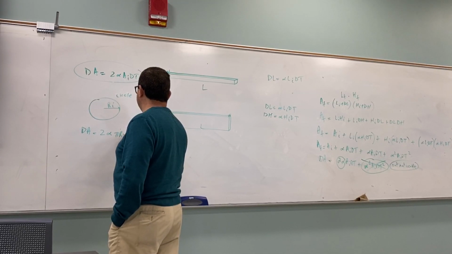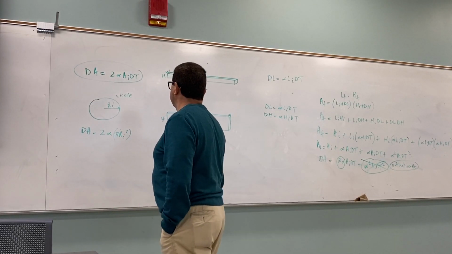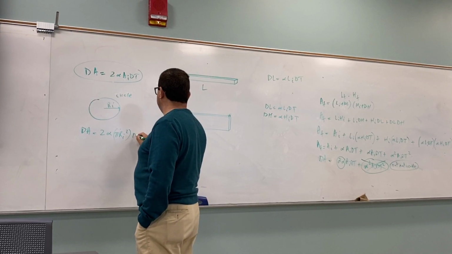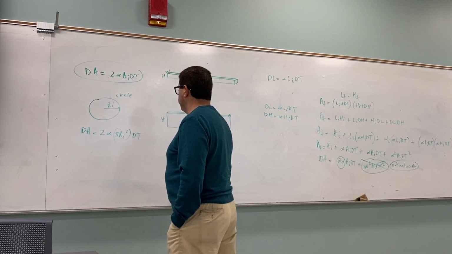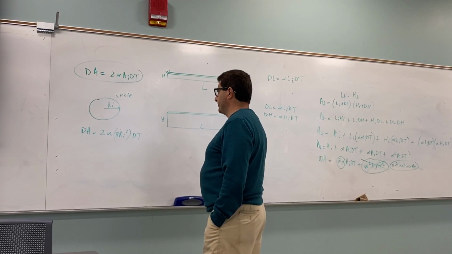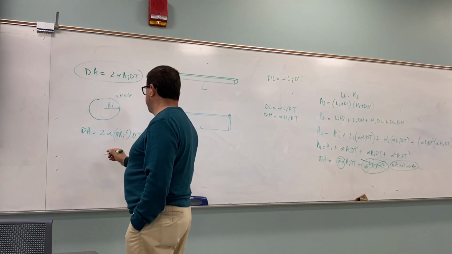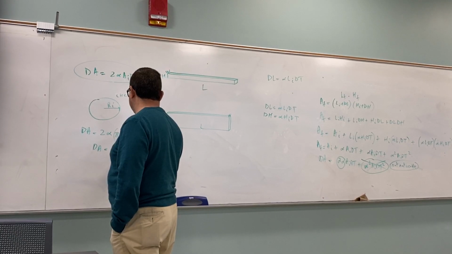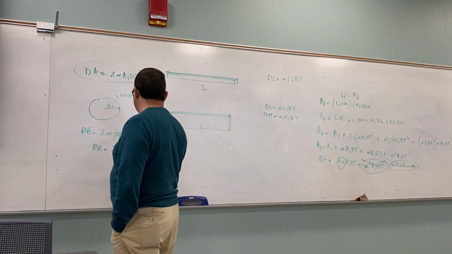Pi r initial squared, right? And then delta T, and so then delta A is going to be 2 alpha pi r initial squared delta T.